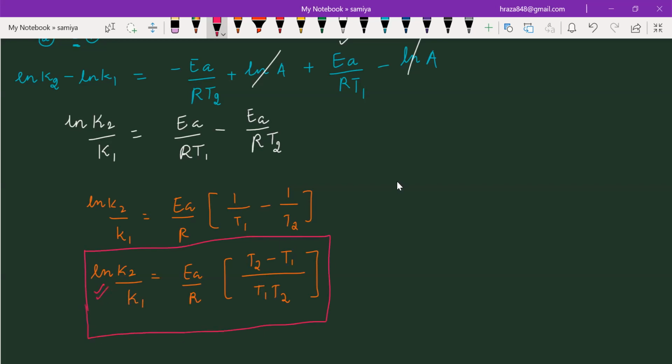If you are going to change ln into log, then 2.303 will be multiplied.